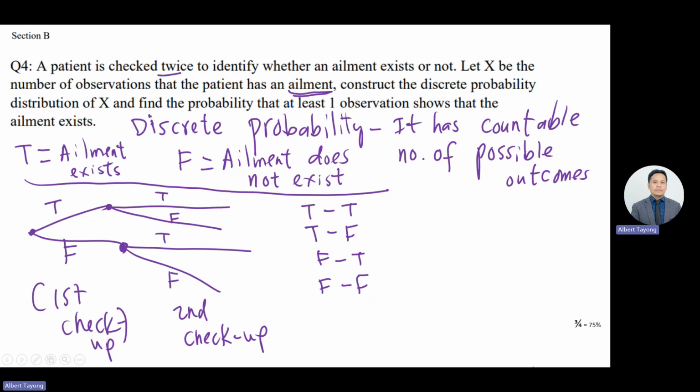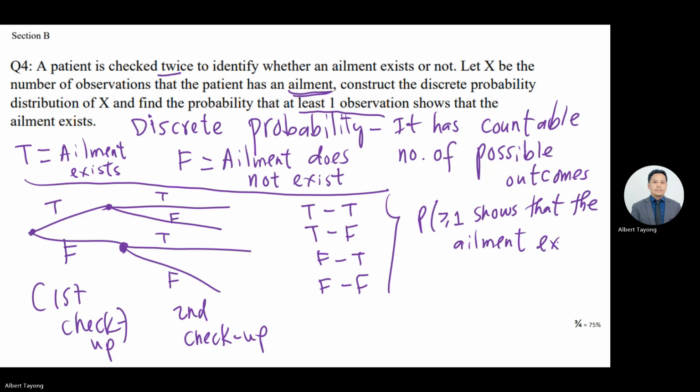Now here, at least one. So that is the question. P, at least one is greater than or equal to 1, shows that the ailment exists. Okay, greater than or equal to 1 means at least 1. So the first is TT, second one is TF, third one is FT.